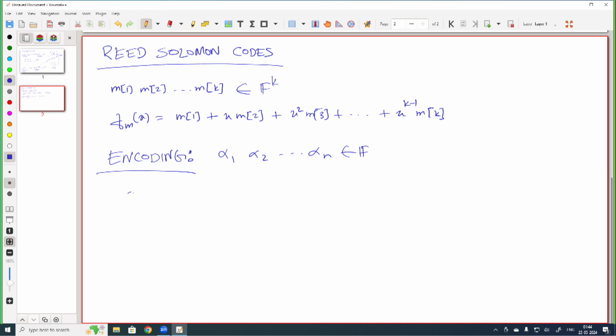So, my code word z m, this m just indicates that it is a code word for the message m, is simply f m evaluated at alpha 1, z m 2 is f m evaluated at alpha 2, and so on. z m n is just f m evaluated at alpha n.